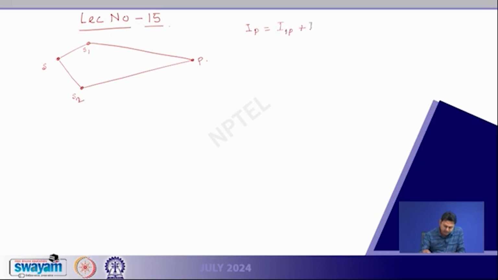The superposition of these two waves will produce the intensity at point P in this way.